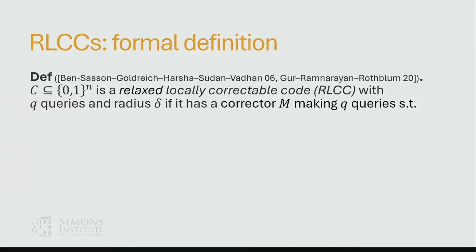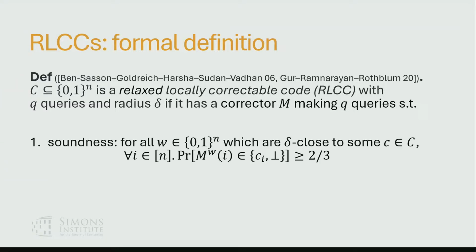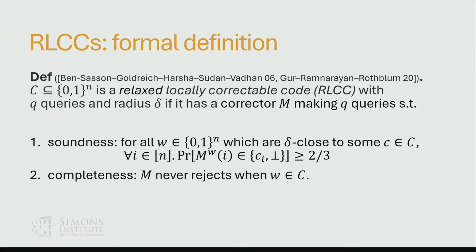The formal definition is that you have an error correcting code, and it has a corrector that makes Q queries such that when you give it an input which has some bounded amount of corruption away from the code, then you have to either correct or return this failure symbol bot. But as is, on the screen, this is a trivial definition because you can just return bot all the time. So to make it non-trivial, we require that the corrector should never reject a codeword which is actually in the code.